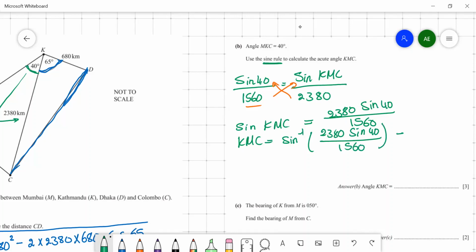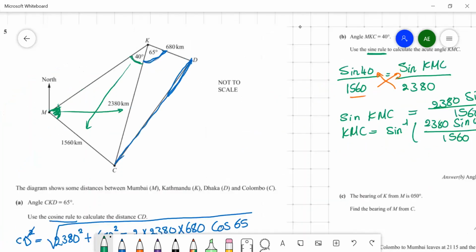When I enter all this in the calculator, I will find the angle is 78.7, so we can say 79 degrees. The bearing of K from M is 50.